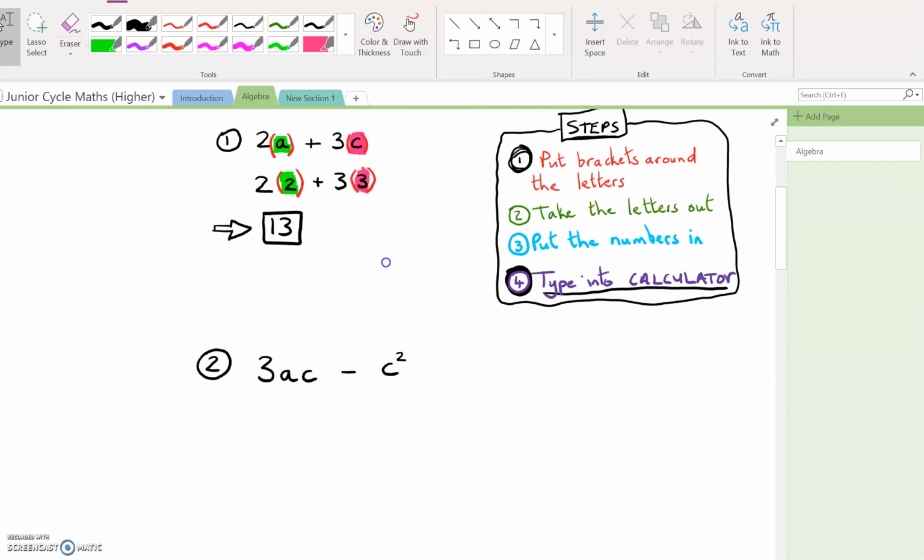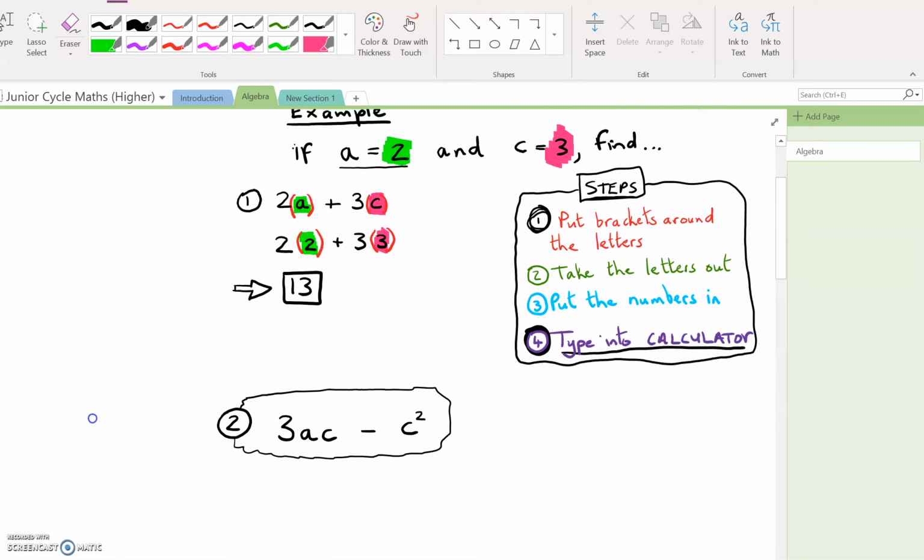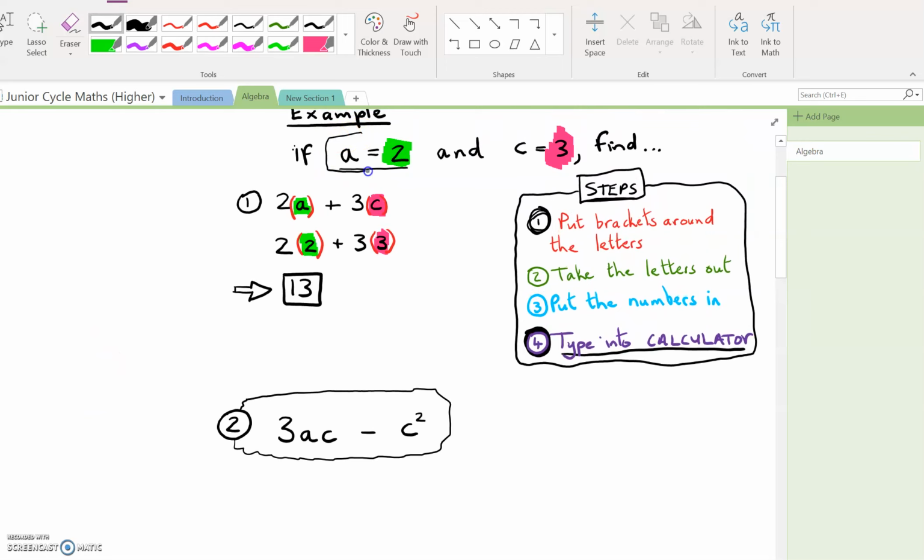Let's do it so that we can still see our steps in the corner there. We have to find 3AC minus C squared. We're still working with A is 2 and C is 3. What's our first step?